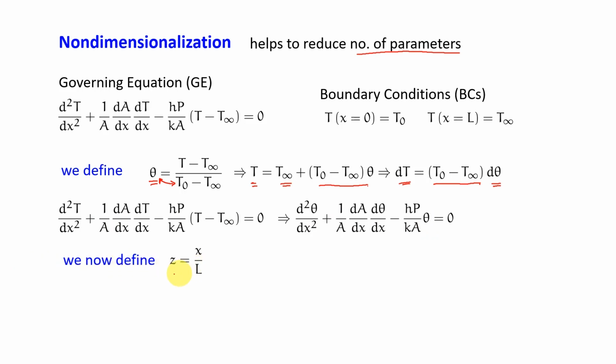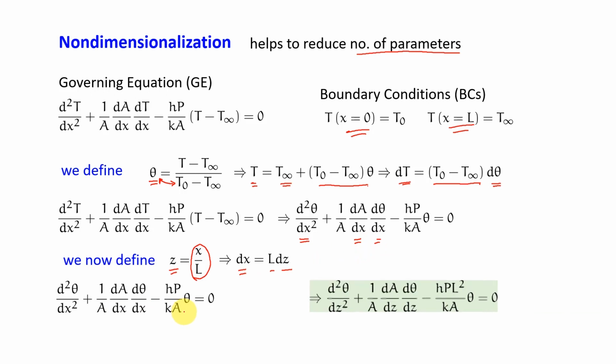Now I bring in a new variable z, which is given by x by L. L is the length of the fin. So you can see here it goes from x equal to 0 to x equal to L. When I do so, my dx becomes L into dz, and then I can go back to this equation and replace dx with dz.